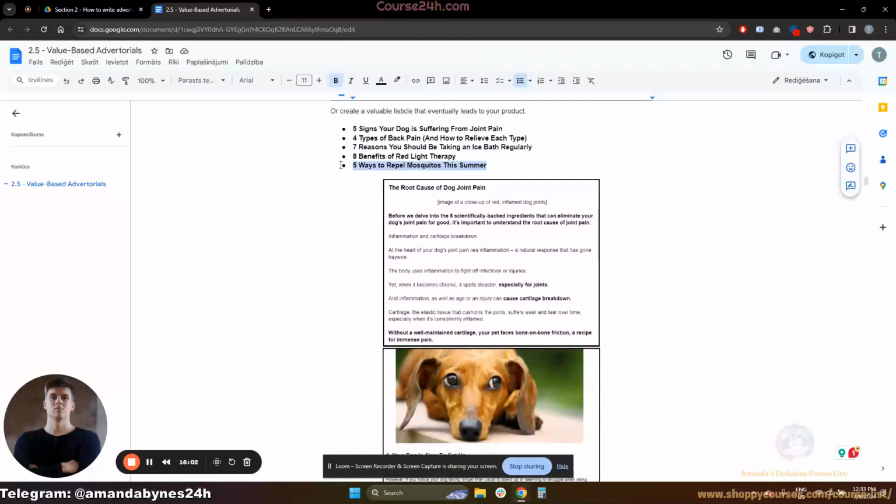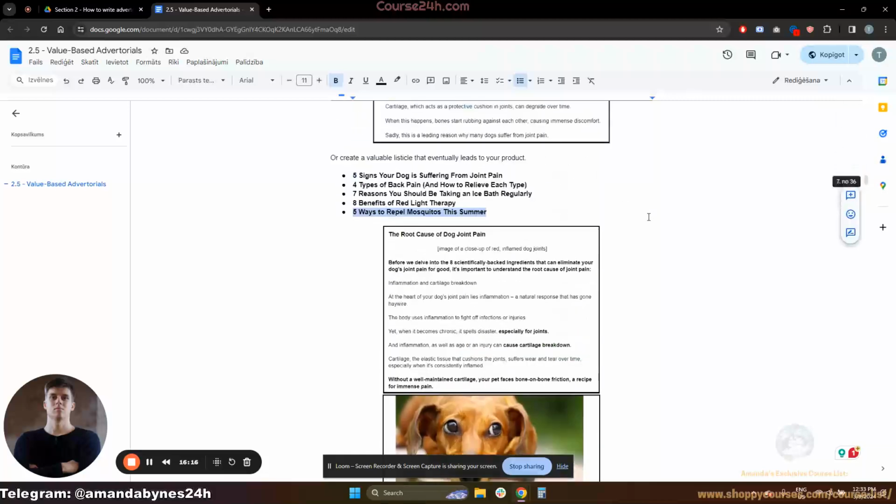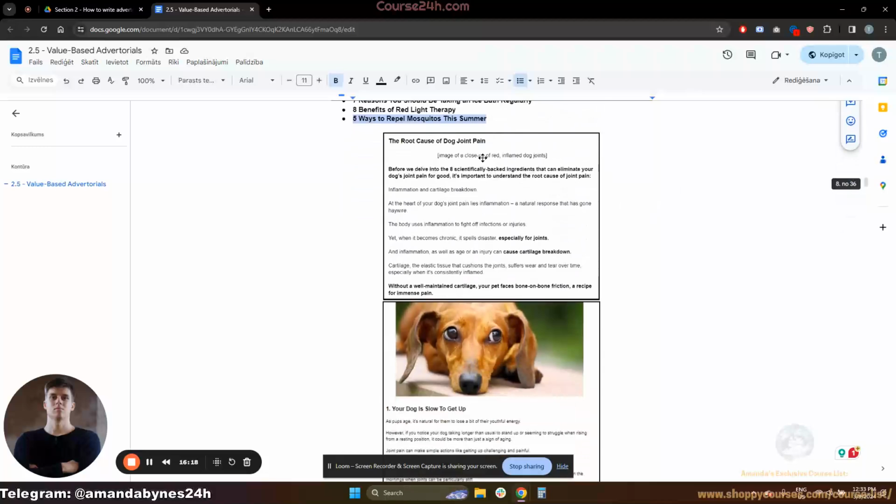For example, number 4 or number 5, when it's towards the end, you can use it as suggesting your product and make it sound way more superior than the other choices you have mentioned. So here's an example. So the root cause of dog joint pain.